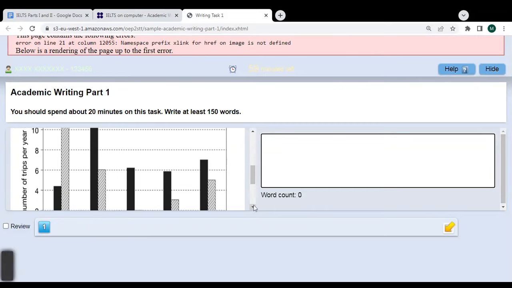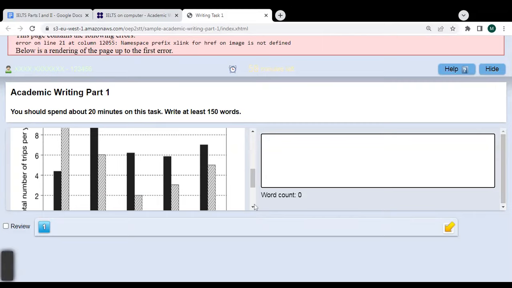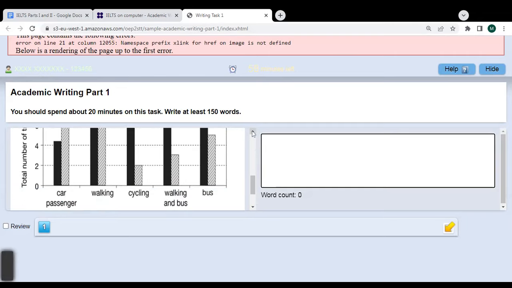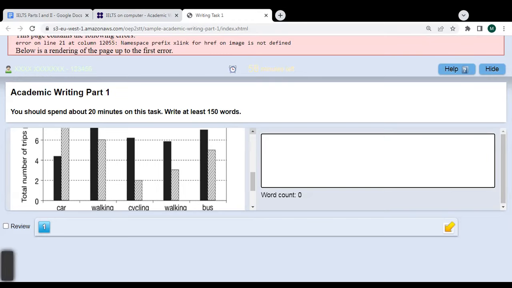Some things that I'm just seeing based on the graph. As far as not much of a difference between 1990 and 2010, that would definitely be this area here. And apparently that involves going on the bus. So not much difference there. And then it looks like cycling was not as popular in 2010, but it was more popular in 1990 than it was in 2010.